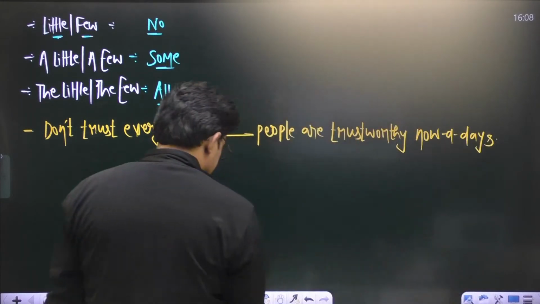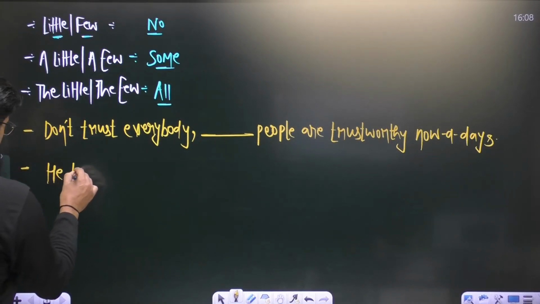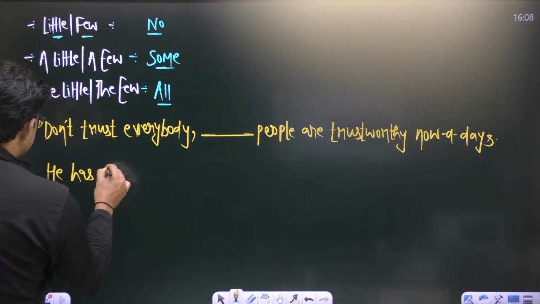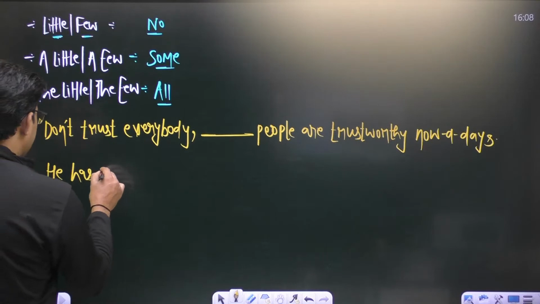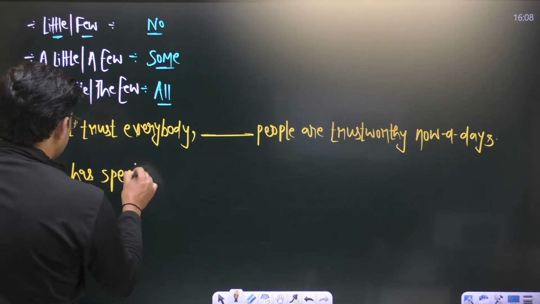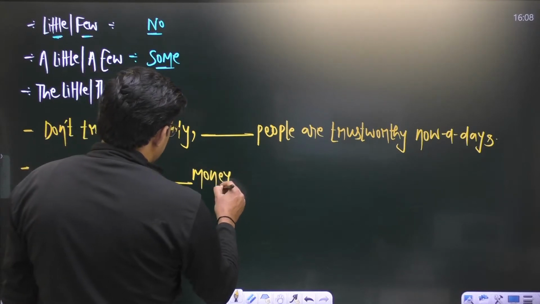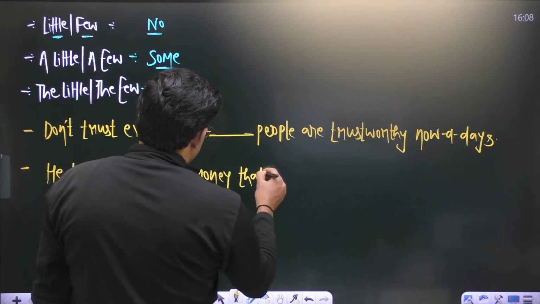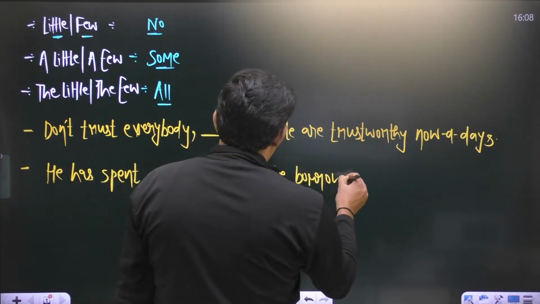Sentence two: He has spent blank money that he borrowed from you.